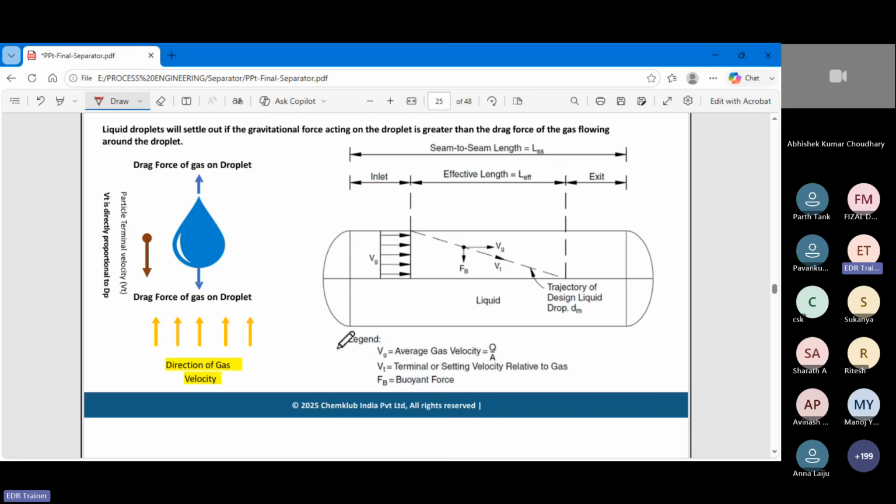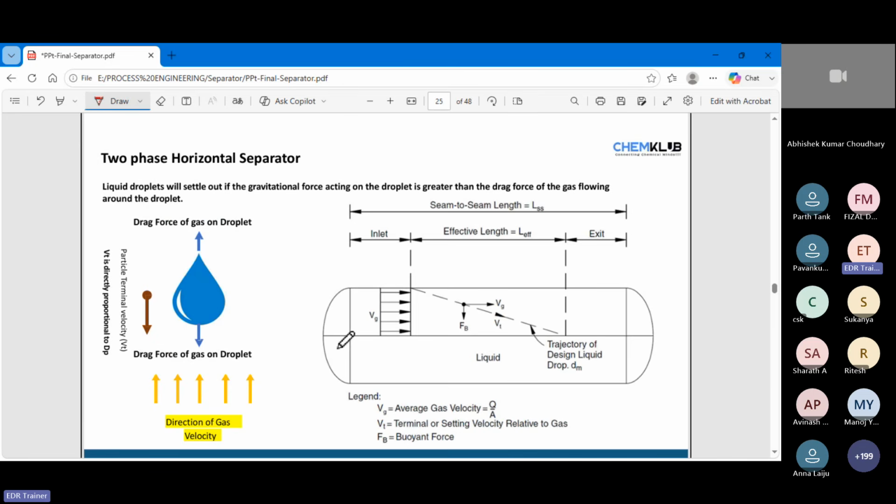But the main thing in a two-phase horizontal separator, even a three-phase horizontal separator, is the travelling length. We call it the effective length. What we have seen in the vertical separator is diameter, right? And the major part of the horizontal is the effective length.